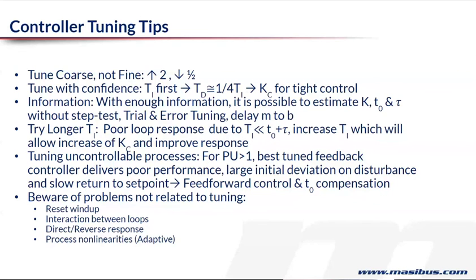Sometimes there is an interaction between loops. For example, in a reheat furnace, there are 3 zones and each zone is controlled independently. Now you have tuned one zone controller beautifully, but suppose there is a drop in temperature of one zone, it will have an effect on the other zone.